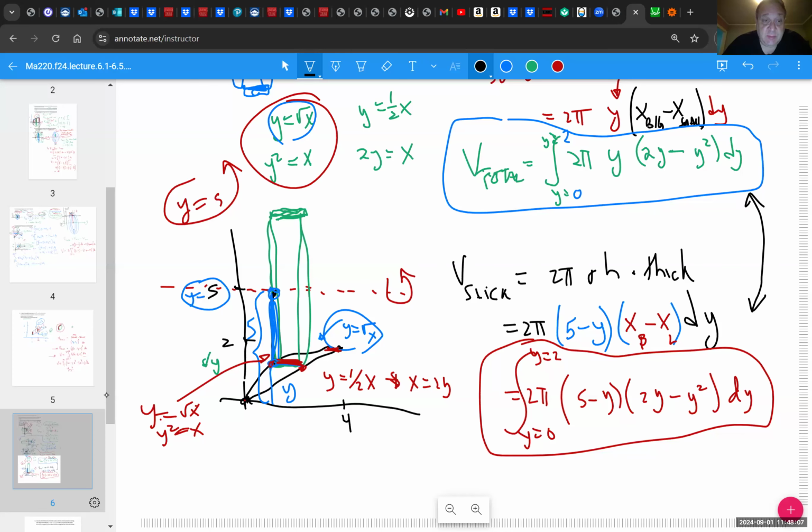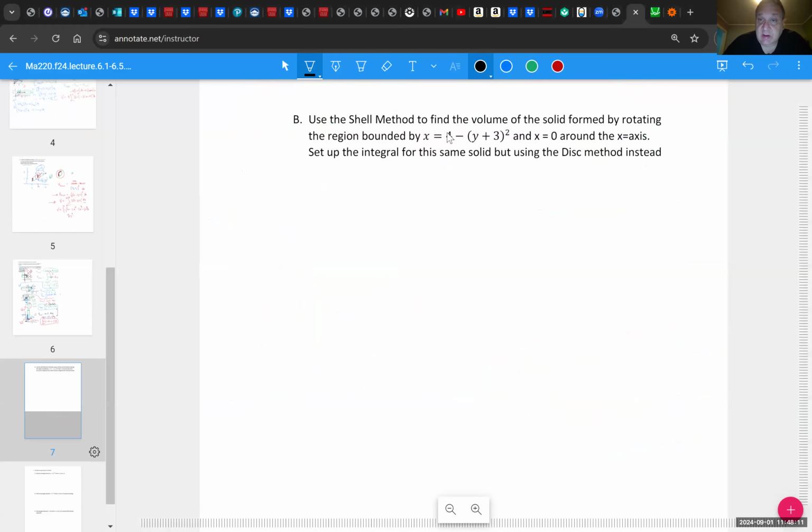I do have one more example to show you right here. I'm going to find the volume of the solid formed by rotating this region and x equals 0 around the x-axis. And then I'm going to show you, in this particular case, why the shell method is actually better than the disk method.